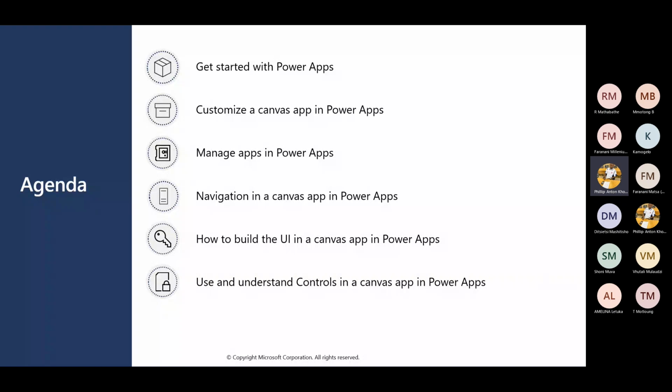We will navigate in a Canvas app in Power Apps, and then we will look at how to build the UI in a Canvas app in Power Apps, and then we will use and understand controls in a Canvas app in Power Apps.